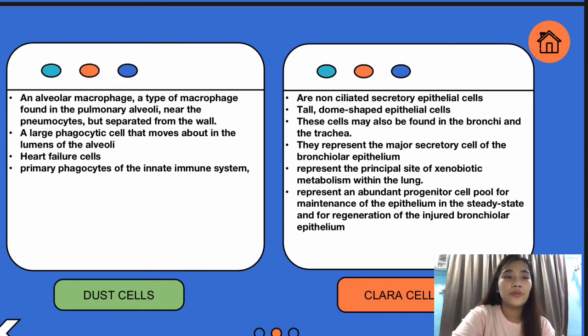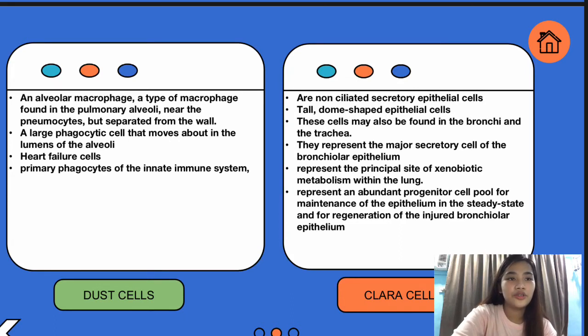They also represent the principal site of xenobiotic metabolism within the lung, and they also represent an abundant progenitor cell pool for maintenance of the epithelium in the steady state and for regeneration of the injured bronchiolar epithelium.